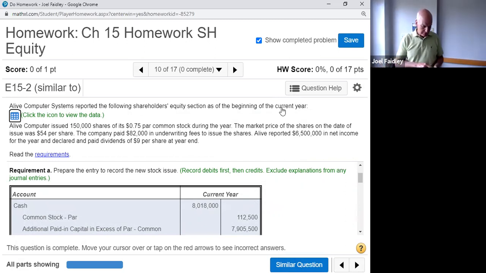So our first entry here is 150,000 shares times 75 cents par, which gives you the 112,500 common stock. It was issued at $54, it looks like, 54 times 150,000, that is 8,100,000.